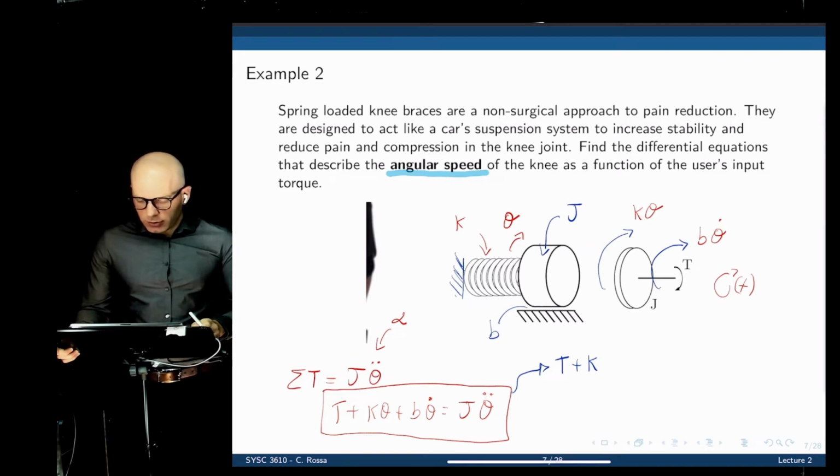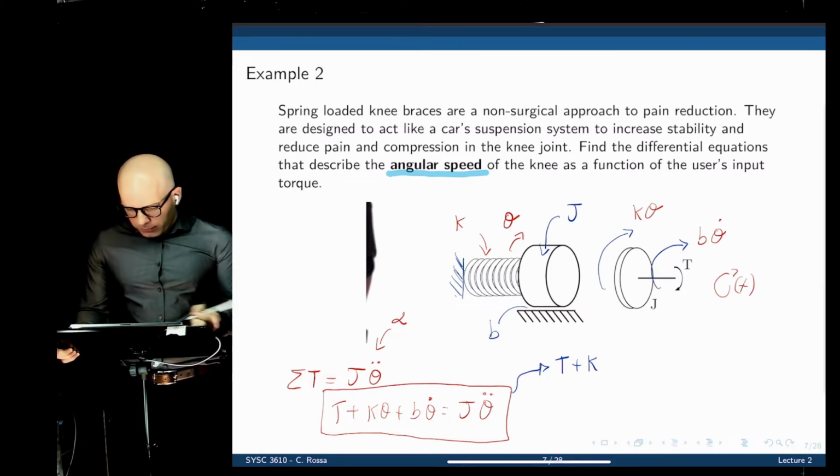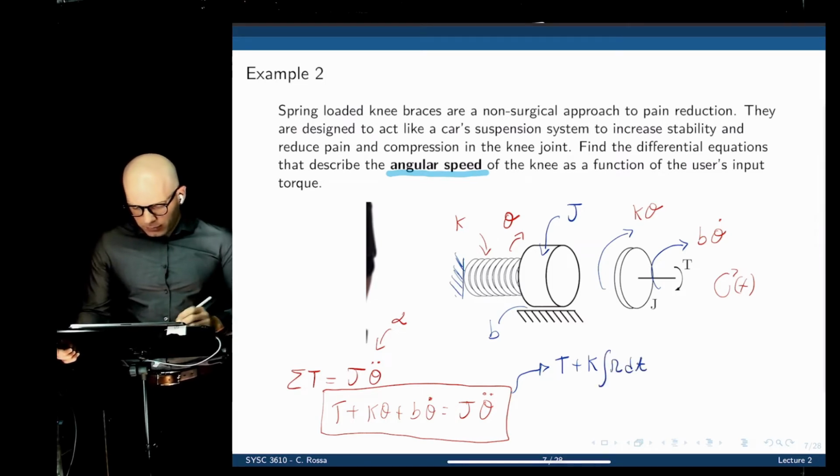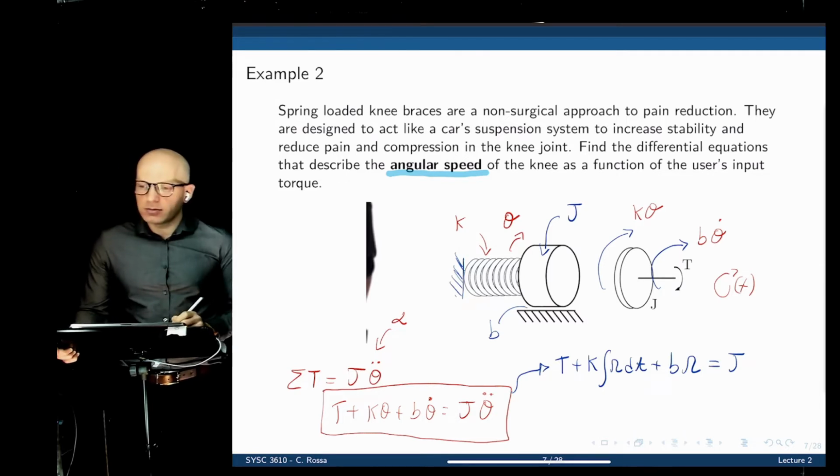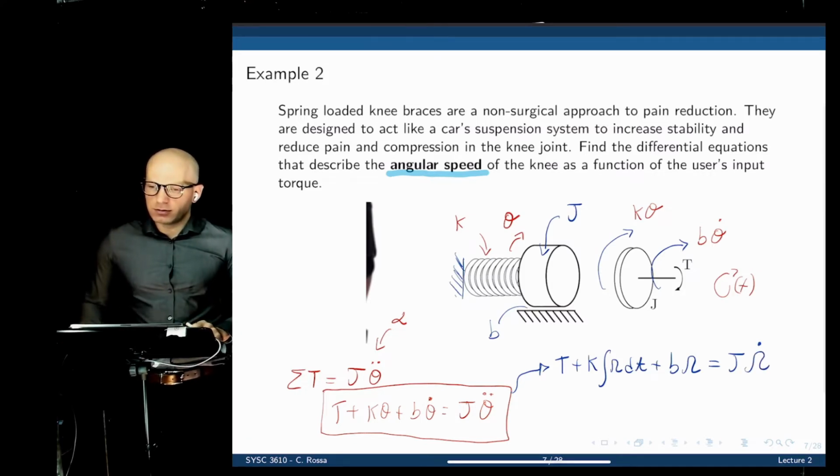What is the relation between theta and the speed omega? We have the integral. Theta would be the integral of the speed, plus B times the speed itself, theta dot, equals J times the first derivative of the speed, which is the same as theta double dot.